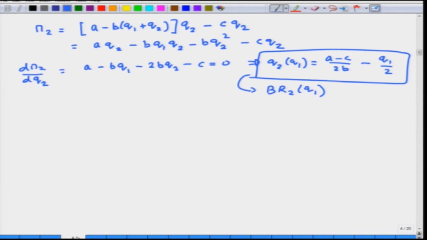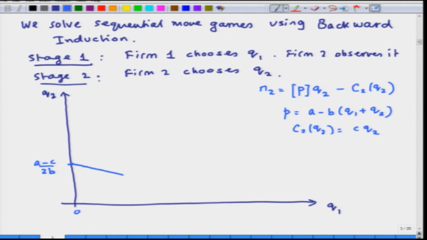And then when firm 1 produces the competitive level of output, which is (A minus C) divided by B, in other words, the quantity is such that prices have come all the way down to marginal cost. In such a case, firm 2 decides not to produce at all. So, firm 2's best response function is this. If Q1 is (A minus C) by B, firm 2's best response is actually going to be 0.